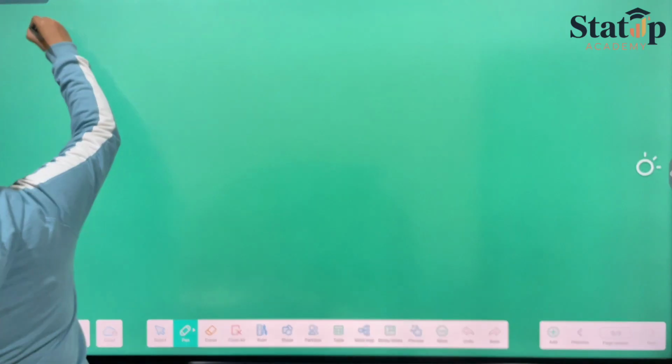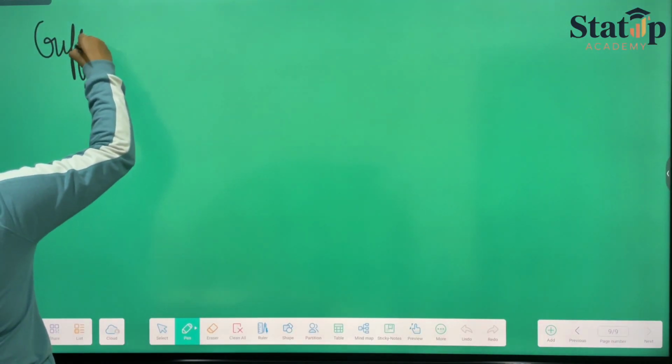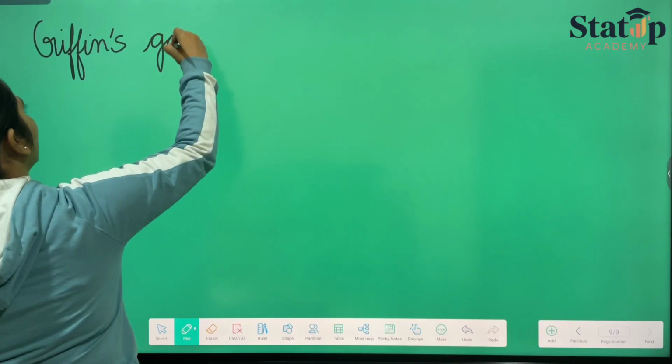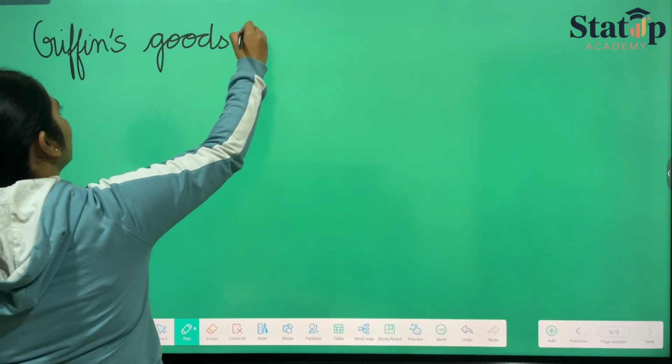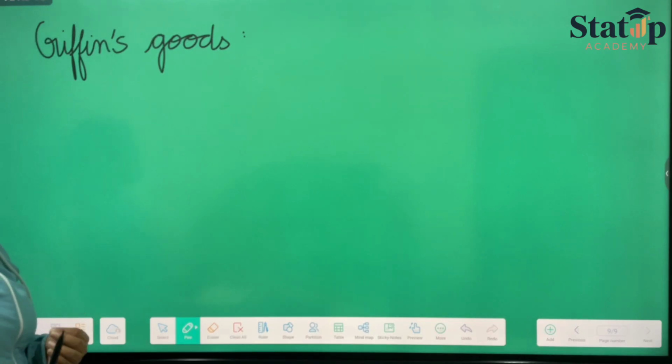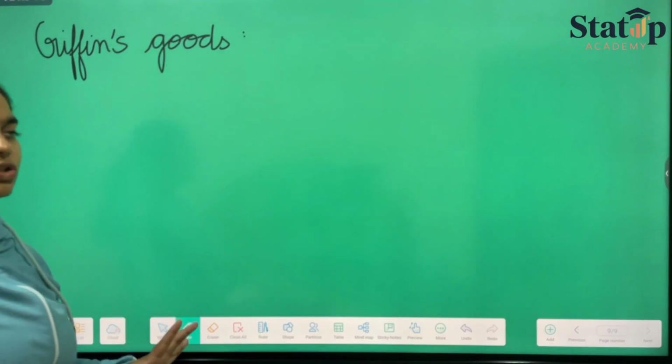Now there is one more thing, which is Giffen goods. We have learned four kinds of goods: inferior goods, luxuries, necessities, and one more that is comfort necessities. One more is there, which is Giffen good.